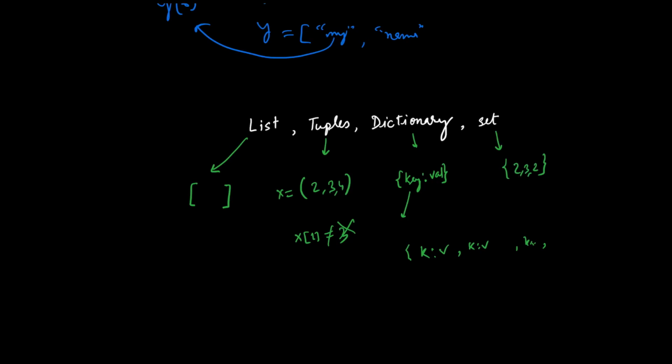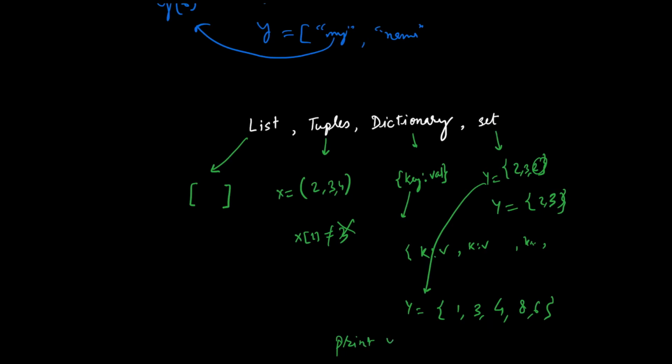So if I put 2 3 2, and finally if I want to print this, it will give me just 2 3, because 2 is already there, so it will not give you 2 two times, even though you want to store it two times. And one more thing I would like to highlight here. Suppose I have stored 1 3 4 8 6, something like this.